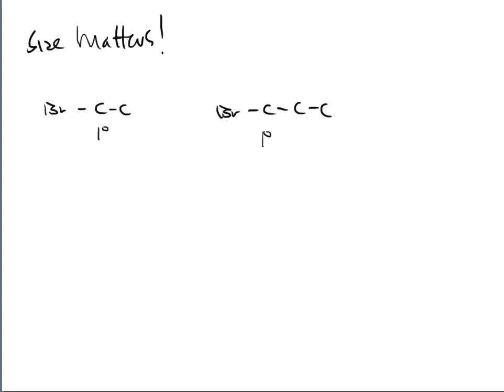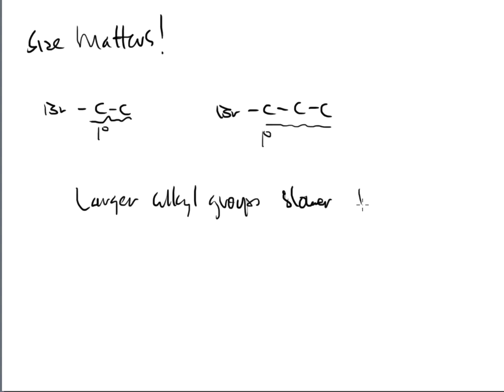So there's got to be another reason, and the reason is size. So what we're going to find out is that the larger alkyl groups, so that basically means the propyl rather than the ethyl, are going to react slower than smaller ones.